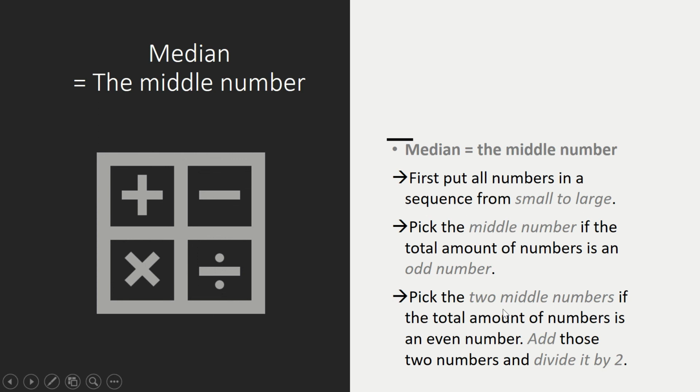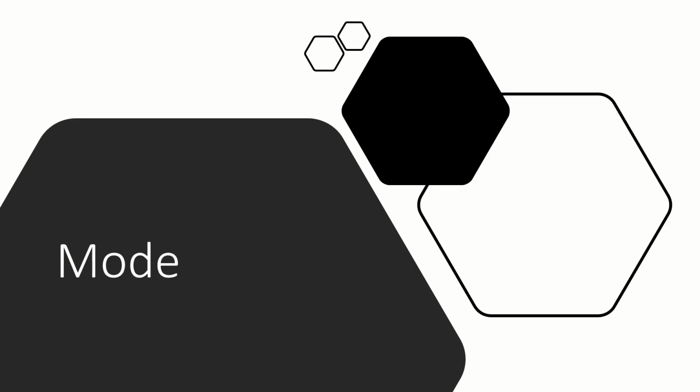Pick the two middle numbers if the total amount of numbers is an even number. Add those two numbers and divide it by 2. So that's what we had today. We had 22, but you can also have 10 or 2 or 4, and then you're going to do it like this.